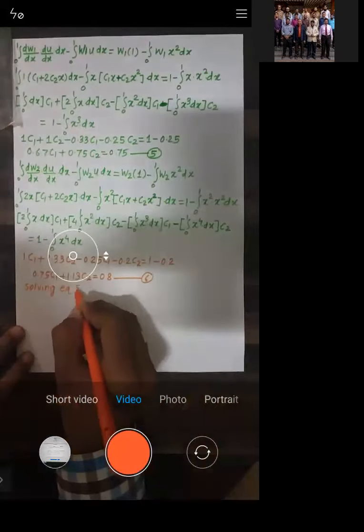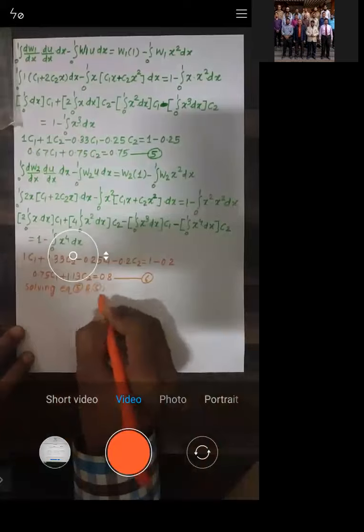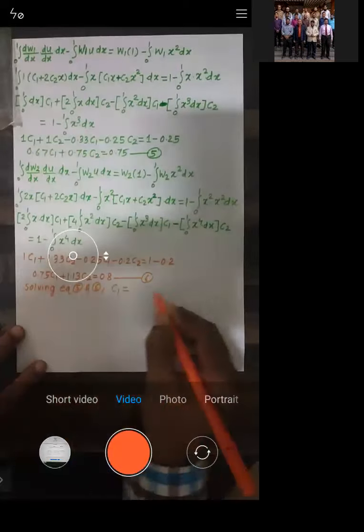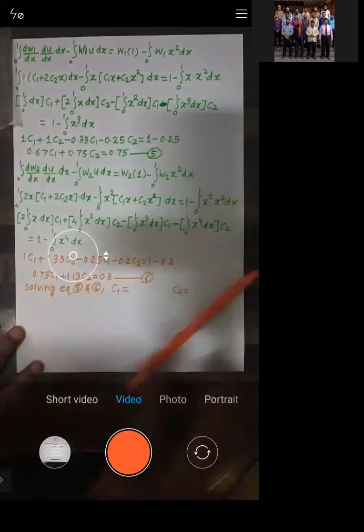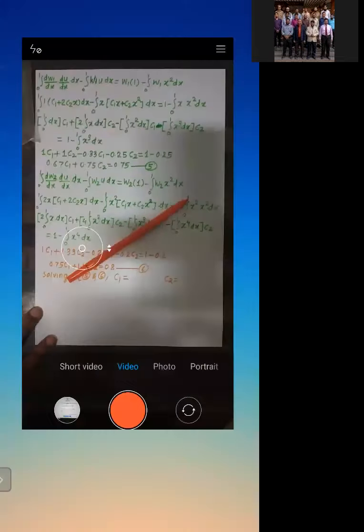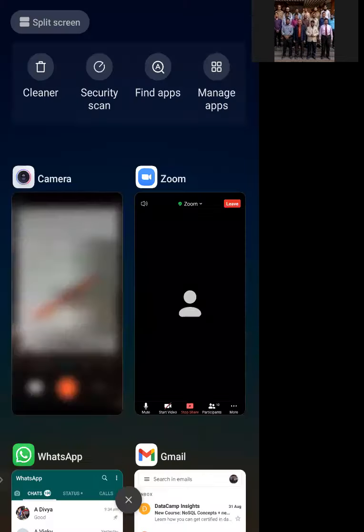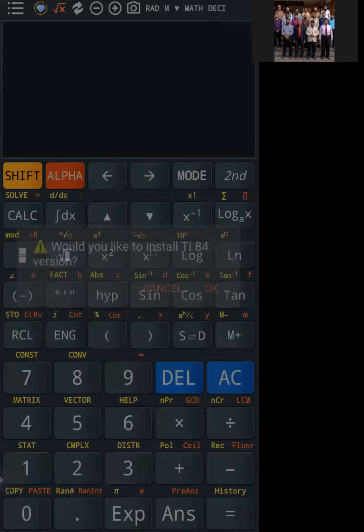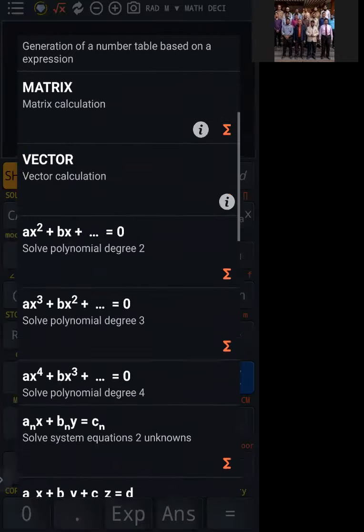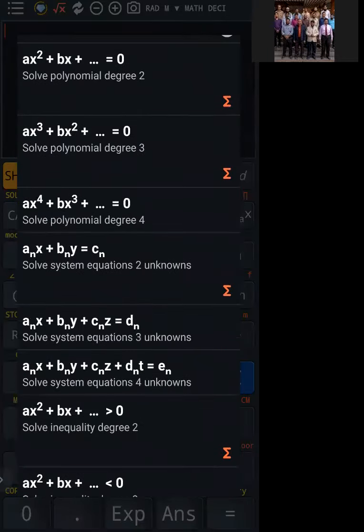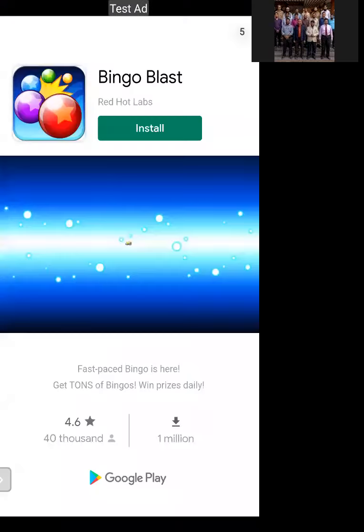Now solve equations 5 and 6. Let us see what value of C1 and C2 we get. For that, we need to go to the calculator. Mode, solve the system of equations with 2 unknowns.